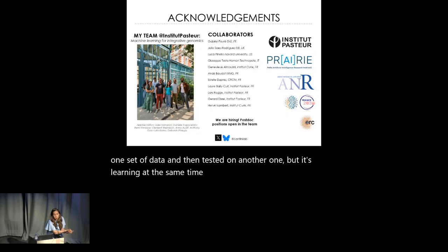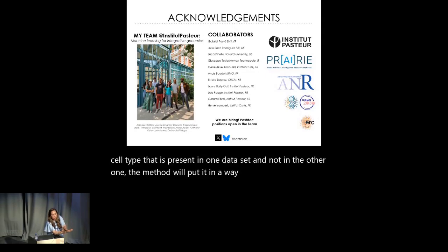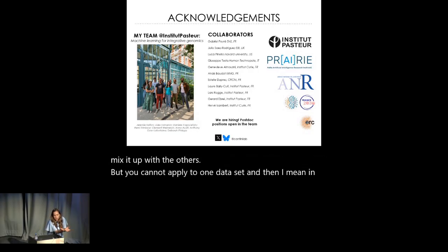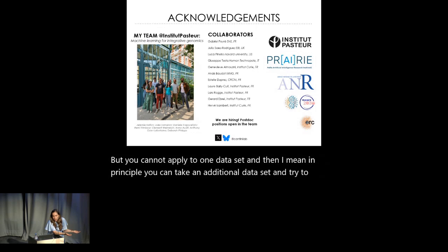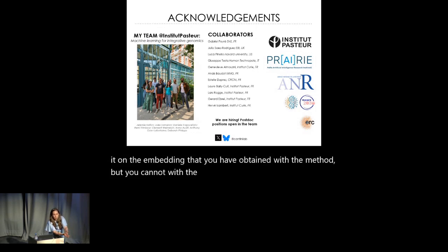In principle, it takes into account the complementarity. So if you have one cell type that is present in one data set and not in the other one, the method will put it in a way that is separated from the cell types that are shared with the other data set, so it will not mix it up with the others. You can take an additional data set and try to project it on the embedding that you have obtained with the method, but you cannot, with the method, make predictions of what will happen on another data set.